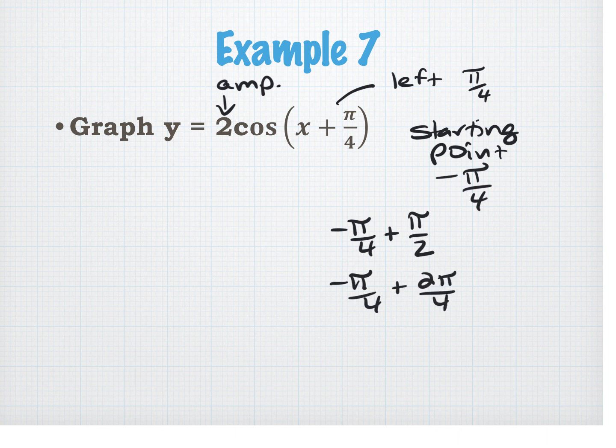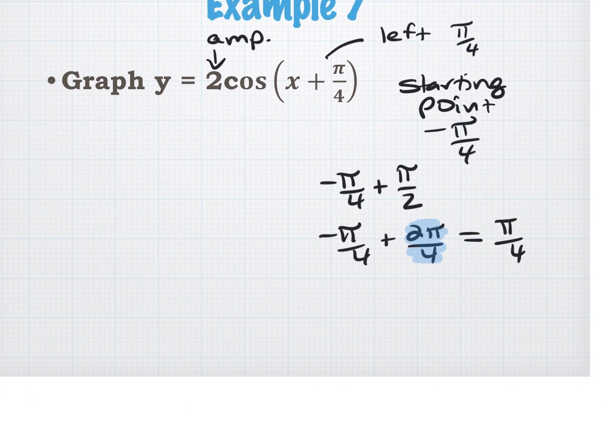So essentially, this is what I'm adding each time, because it's equivalent to pi over 2. So once I add this, my first key point to the right will be pi over 4. And then I'm going to do it again. Add the 2 pi over 4. 3 pi over 4. Add it again.